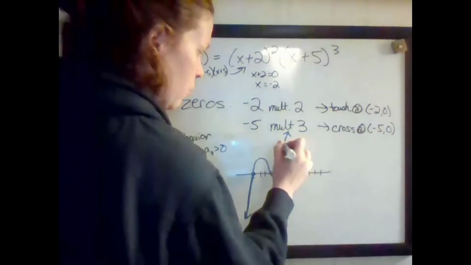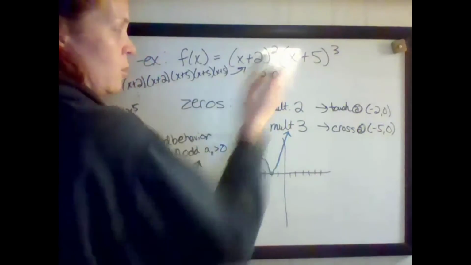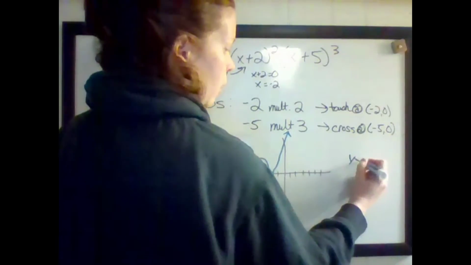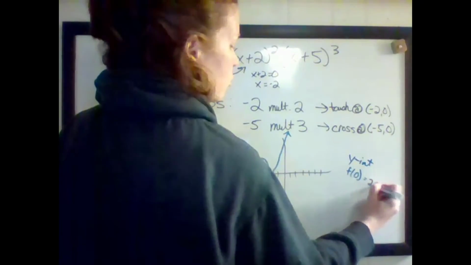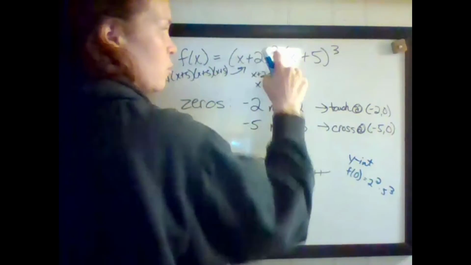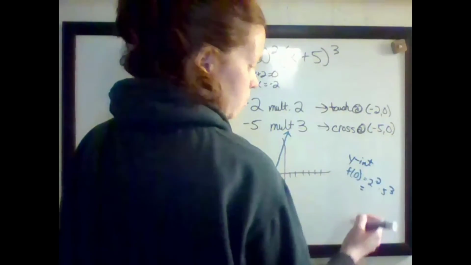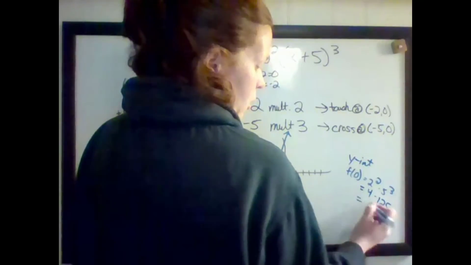We could figure it out, because I could plug in 0 for x. Let's just do that real quick. How about my y-intercept? F of 0 would be 2 squared times 5 cubed, because if I plug in 0 here, 2 squared, 0 plus 5 is 5, 5 cubed, oh geez, that's going to be like 125 times 4, 500.